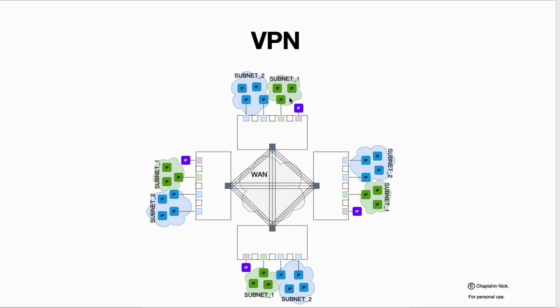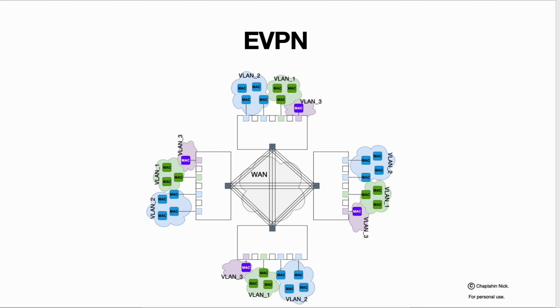You have all heard about VPN, which allows building a subnet that is locationally divided but working as if connected to the same router, based on IP. But what if we need L2 traffic, Ethernet traffic?